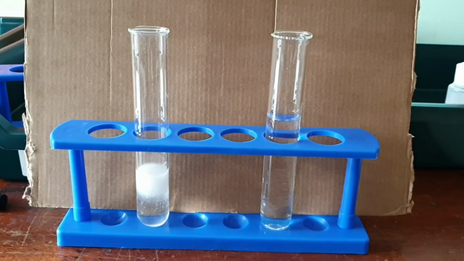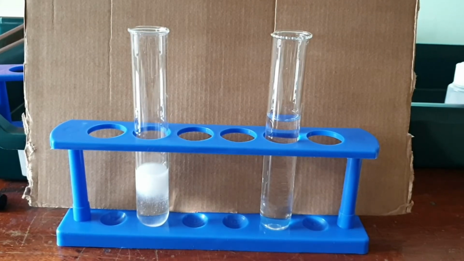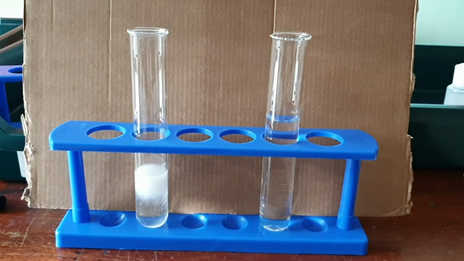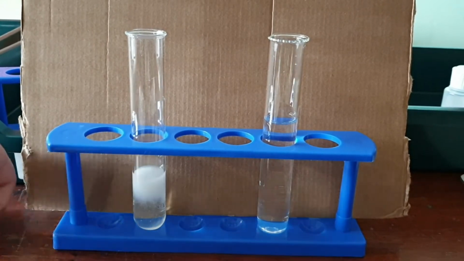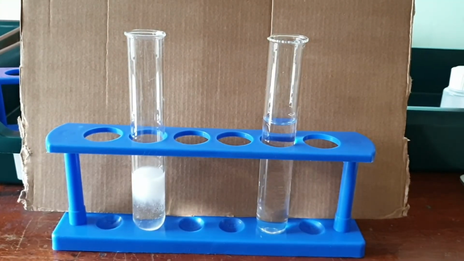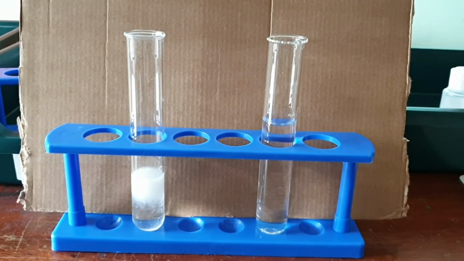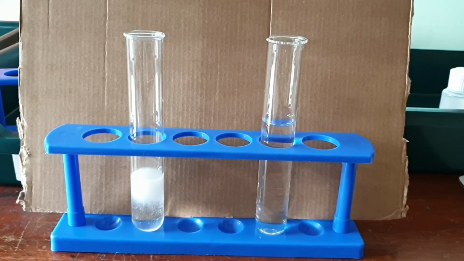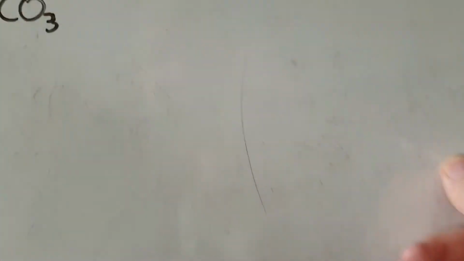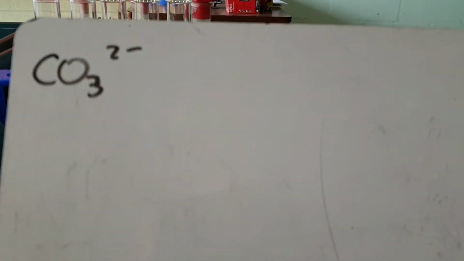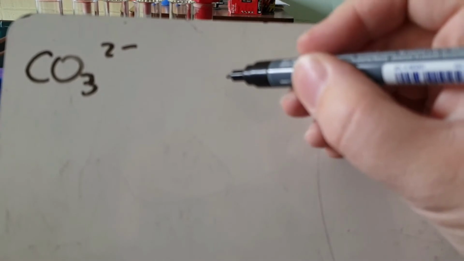Next is the test for carbonate ions, and you kind of already know a lot of this one. Carbonate ions are CO3 2 minus. The test for this is we add any acid at all.